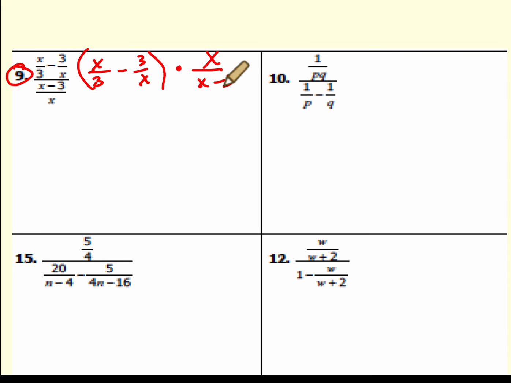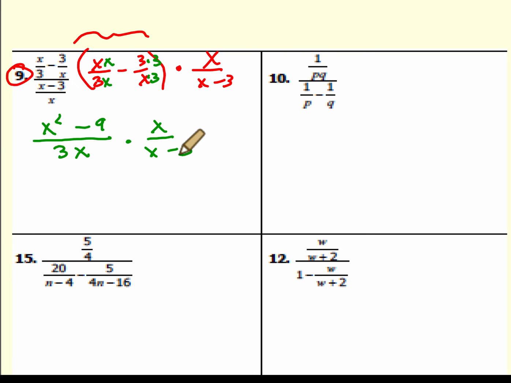So order of operations says that before I do the multiplication, I have to do what's grouped first. So first I need a common denominator for 3 and x, which would be 3x. So I know I have x squared minus 9 in my numerator over 3x for my denominator.